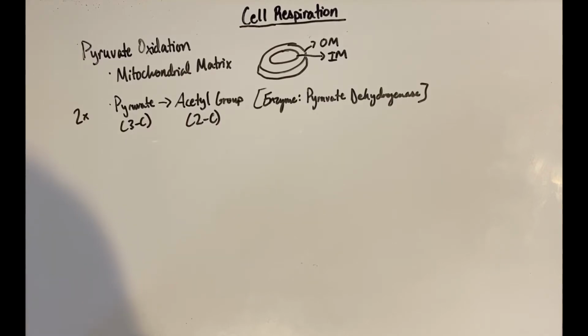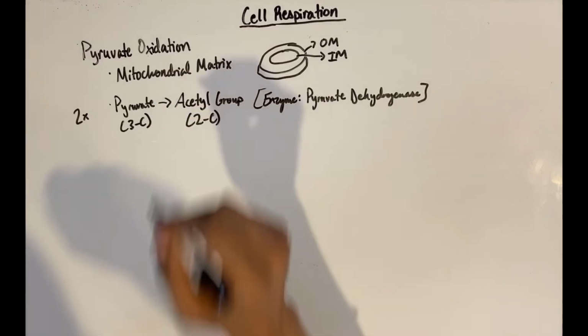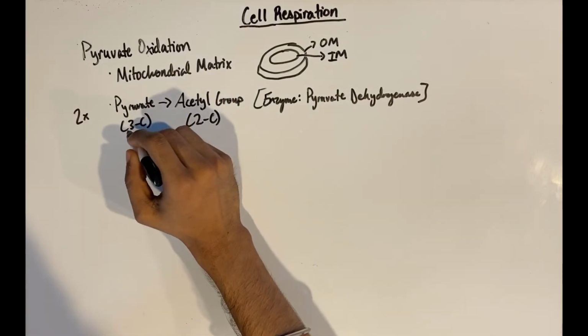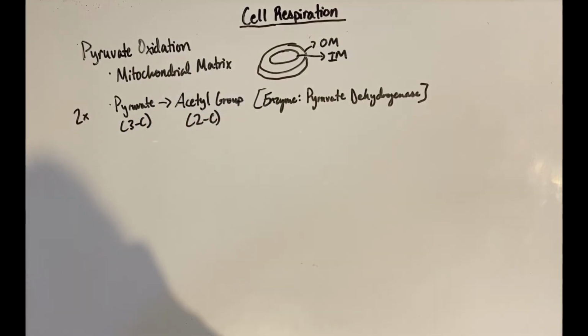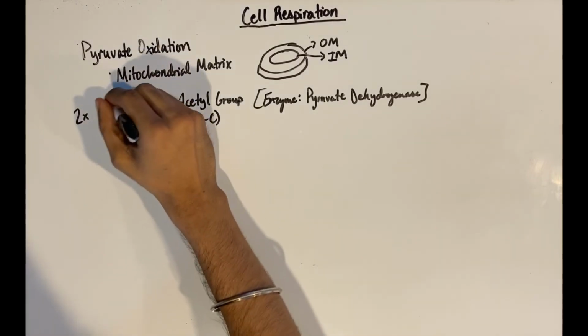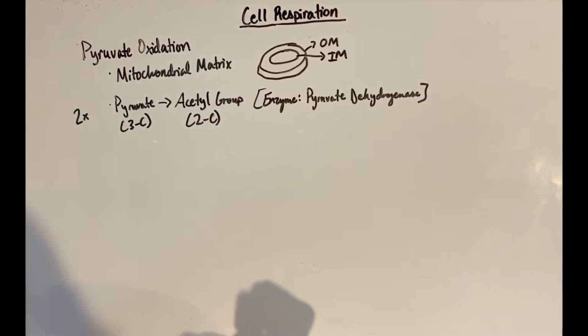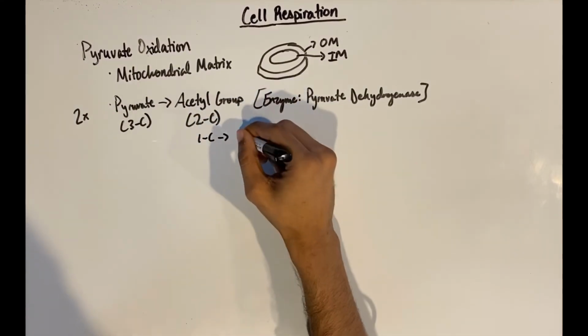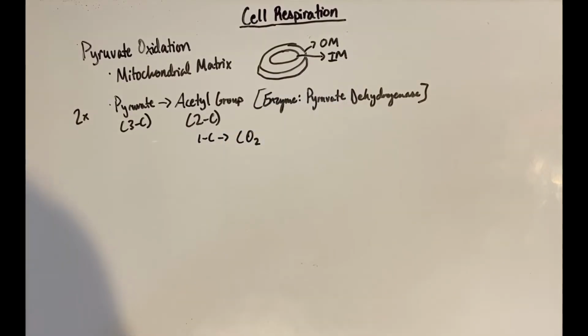But you might be wondering, what happens to this acetyl group? How does it go from a 3-carbon to a 2-carbon molecule? What happens to the other carbon? As pyruvate is oxidized, one of the carbons is expelled as CO2, also known as carbon dioxide.